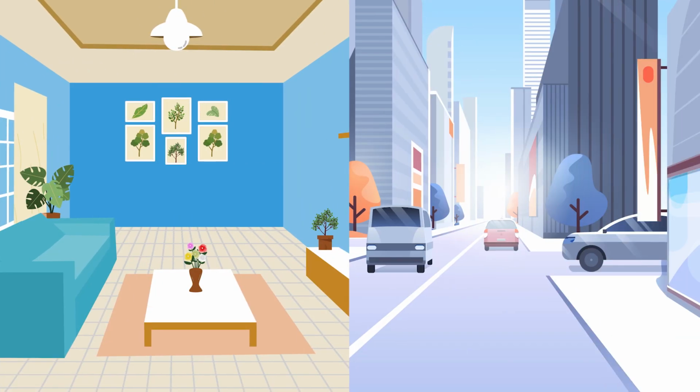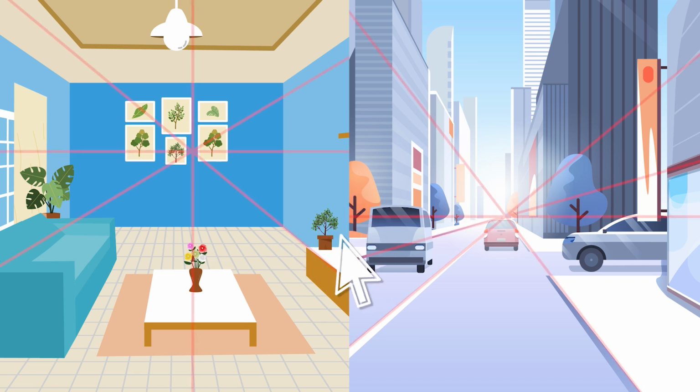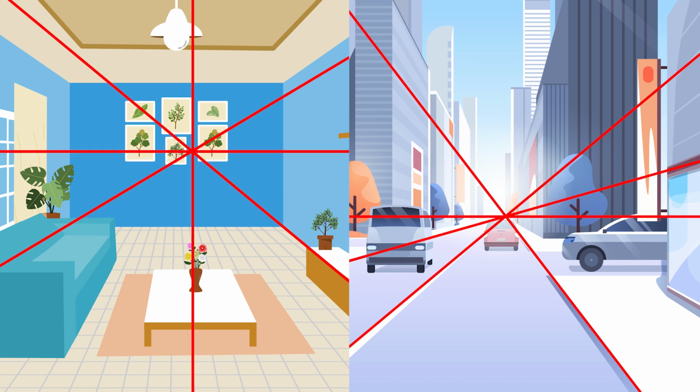Let's check out a few other images with vanishing points and see if you can spot their location. Pause the video and draw in the implied lines you see converging at the vanishing point in your PDF. Try to also draw in the horizon line. Here are just a few of the lines that converge. Did you find these and others?